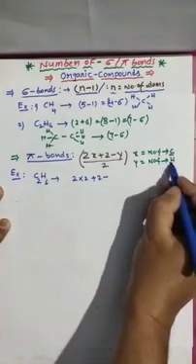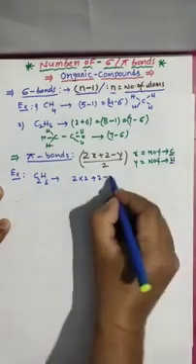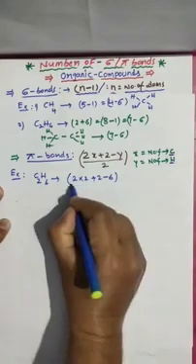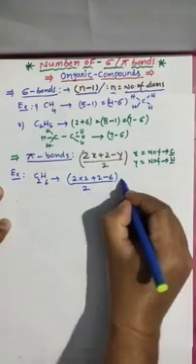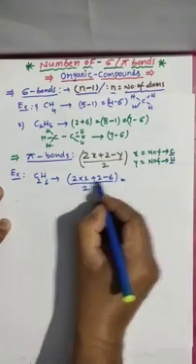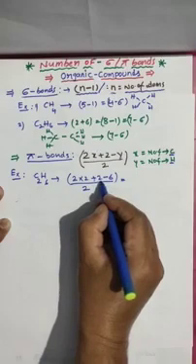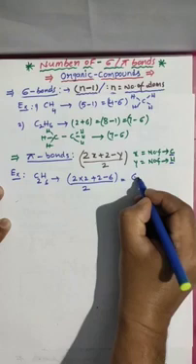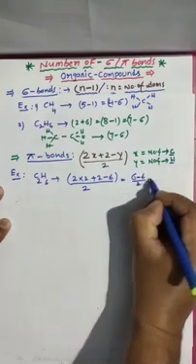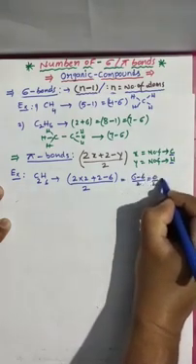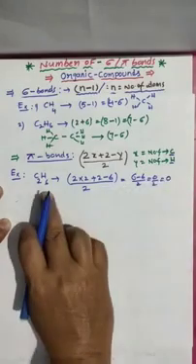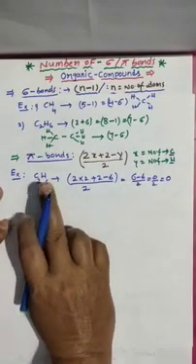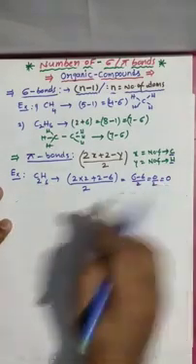Y means hydrogen atoms. How many hydrogens? 6. Upon 2. That is equal to 2 into 2, 4, plus 2, 6. Clear? 6 minus 6 by 2, 0 by 2, that equals 0. So here pi bonds are not there. In this molecule 0 pi bonds.